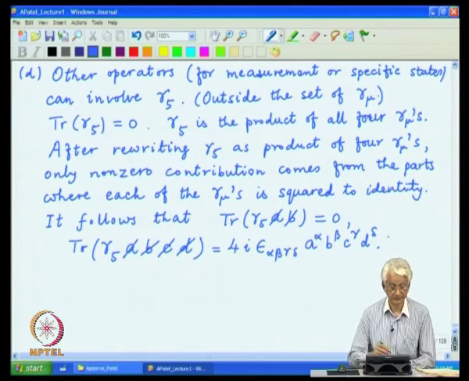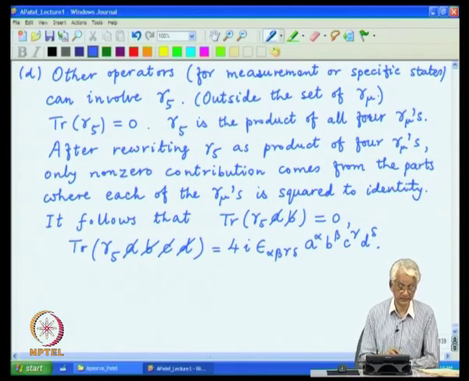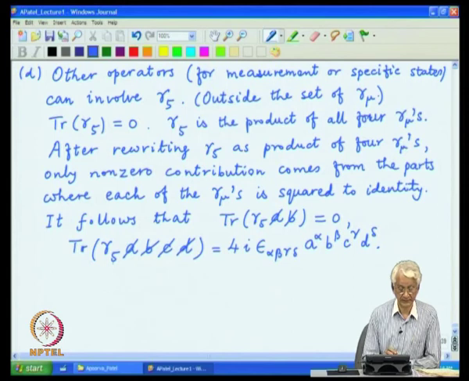This is the first non-zero result involving strings of gamma matrices together with gamma phi.